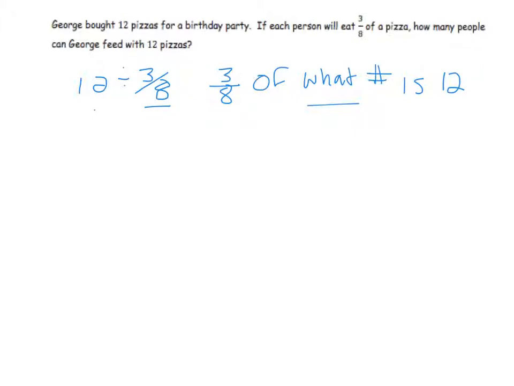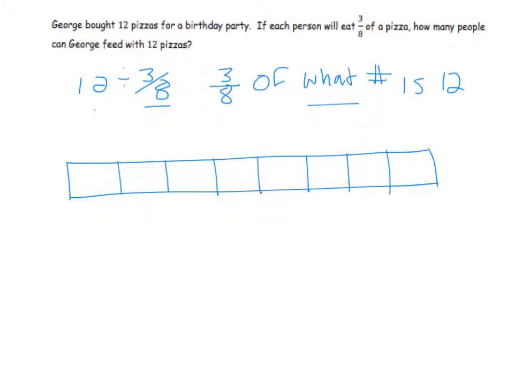So I'm going to start by drawing my model. So I have my 3/8 right here. 3/8 of what number is 12? So 3/8 is 12. So we have to take this and separate this 12 into 3 separate pots.